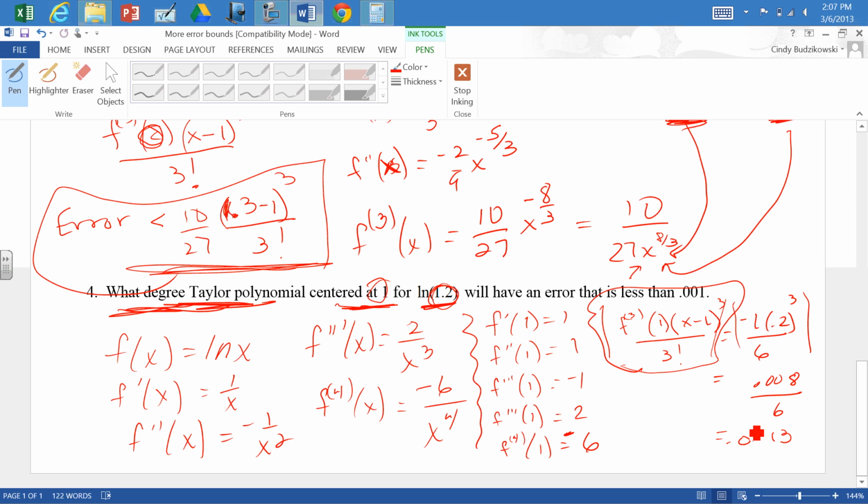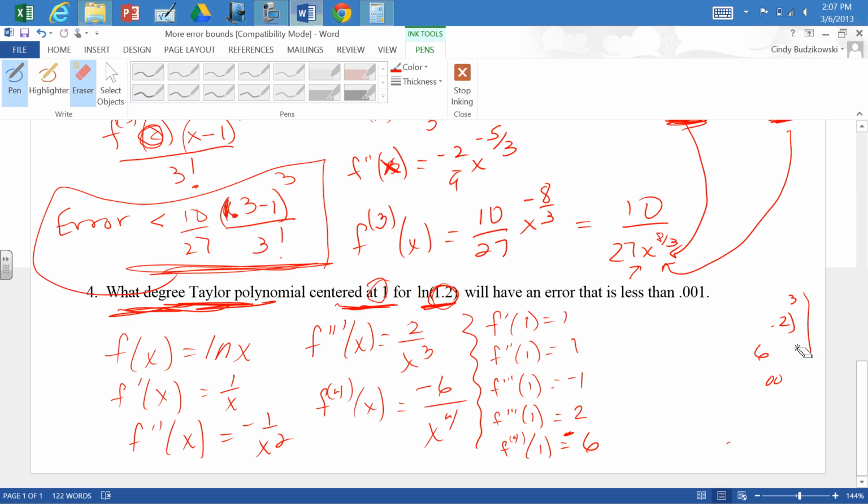So let me get rid of this, and I'm going to go to the fourth degree term and see what I get for that. So here we go. We've got the fourth derivative at 1. And remember, this is alternating, so plugging in my center will always work for my largest fourth derivative.